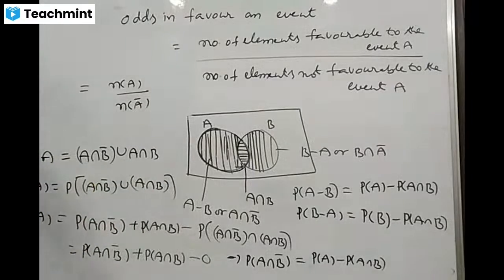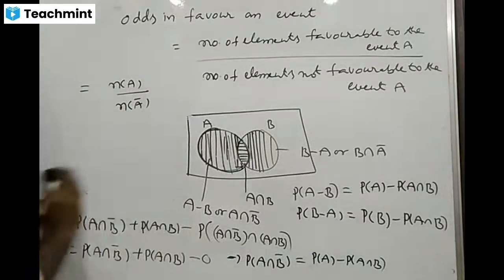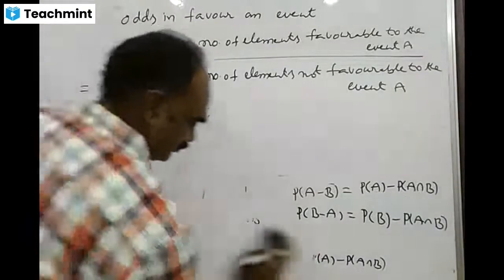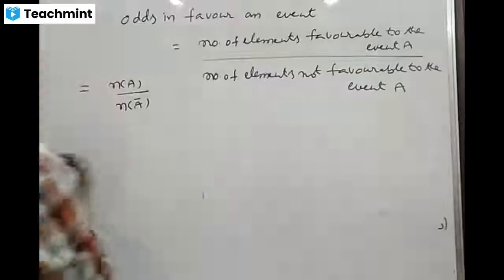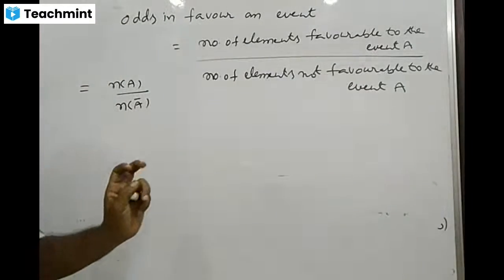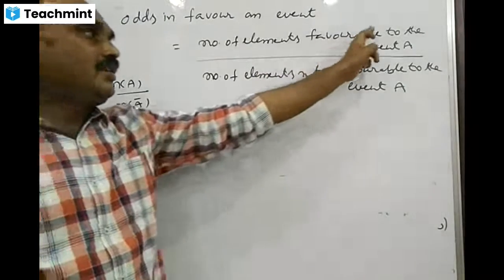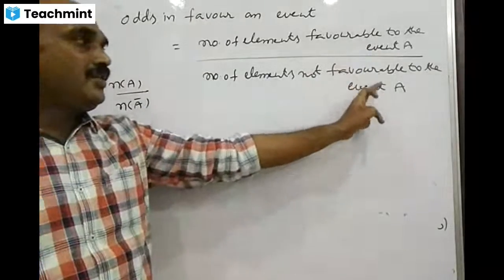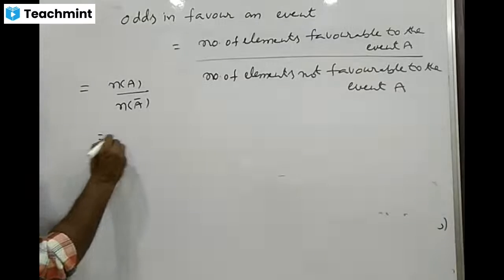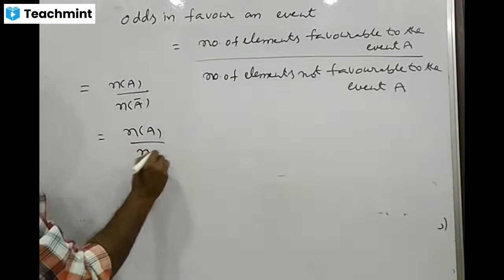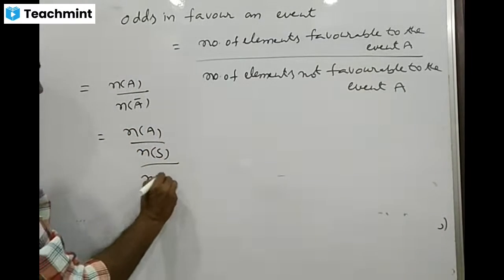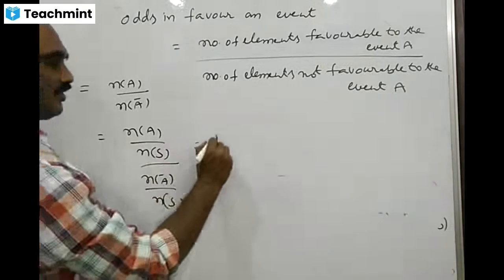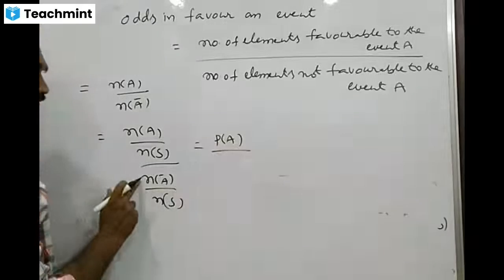So dividing by S, N of A by N of S, N of A bar by N of S. Friends, N of A by N of S is equal to P of A, and N of A bar by N of S is P of A bar.